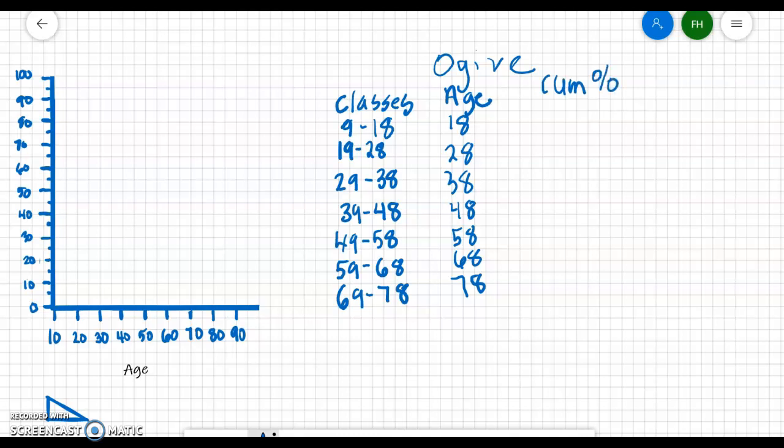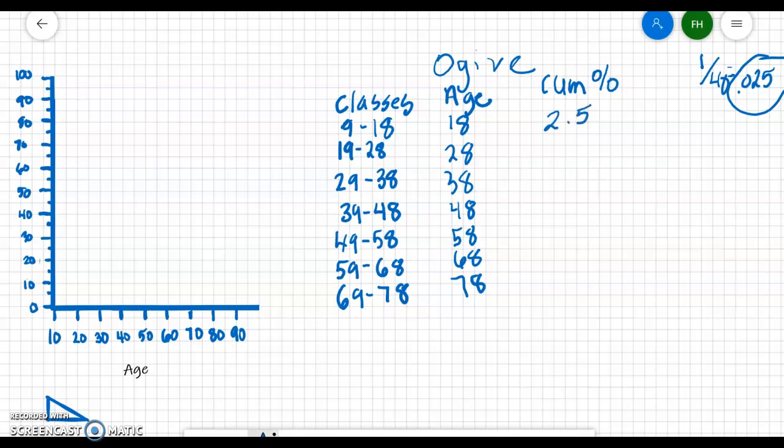For example, my first frequency was 1, and there's 40, which we always change to a decimal, and I got 0.025. Do this like you would normally do it, but then times it by 100, or move the decimal place twice.